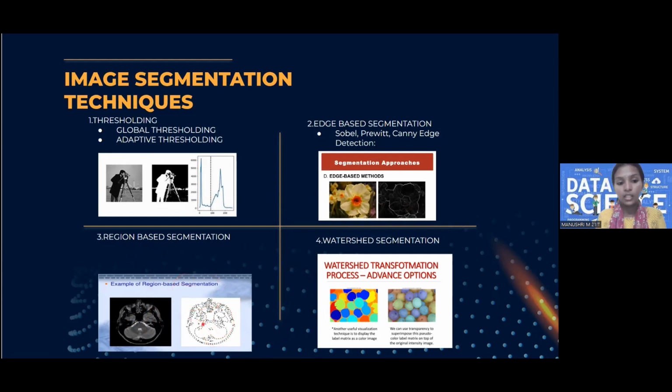This is generally done in MRI scans, mostly in the medical field. And watershed segmentation: as the name says, the whole image is considered as a water shelf, where a high intensity of color is given to the parts which are bulged.